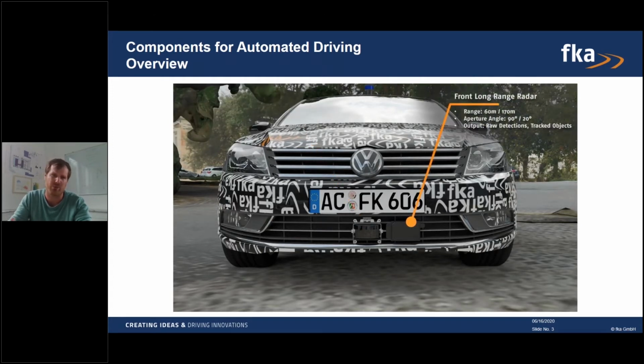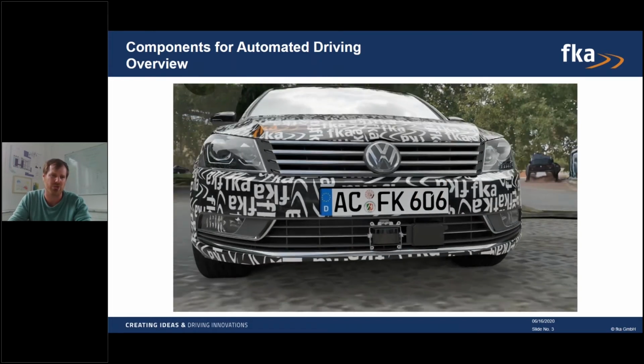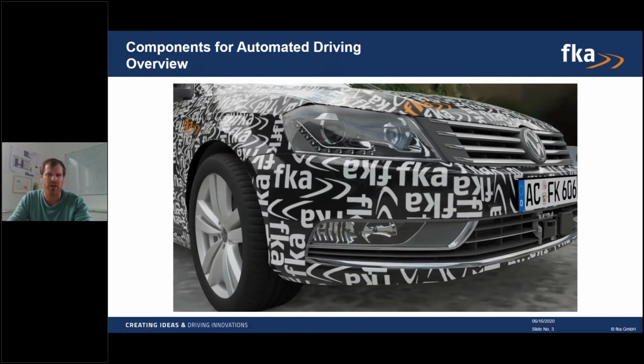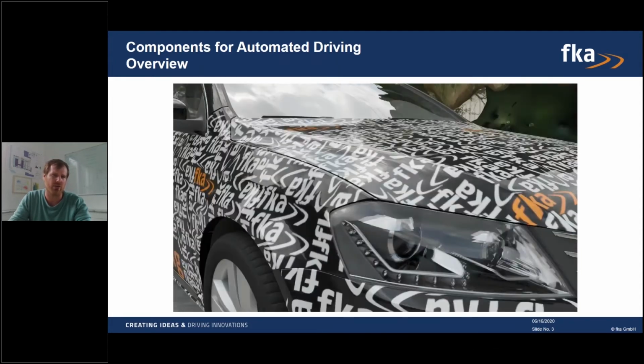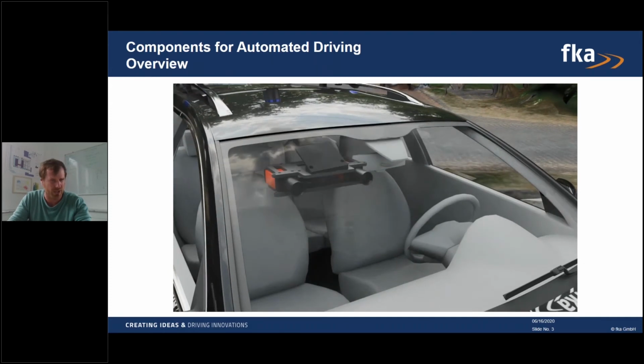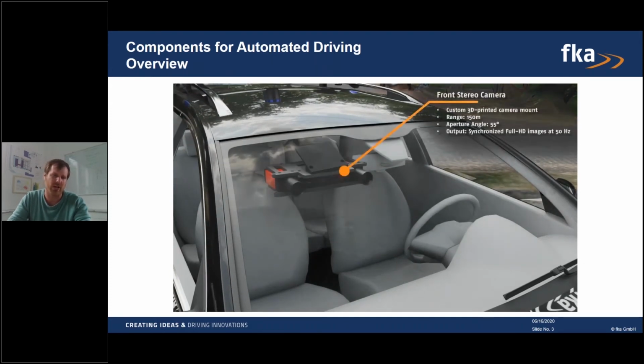For example, here in the front we just saw the LiDAR sensor, which is used in the A8. We have different radar sensors, so we cover the whole 360 degrees with radar. The third technology we are using is a camera system.